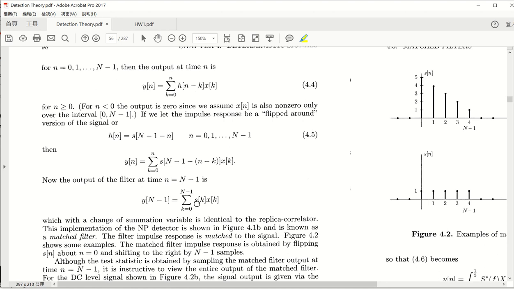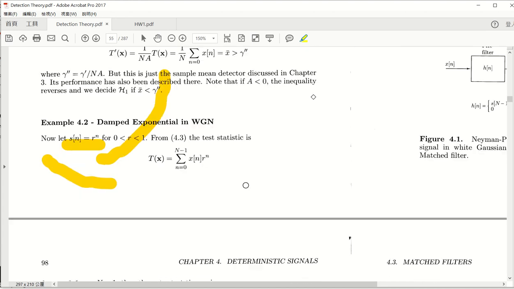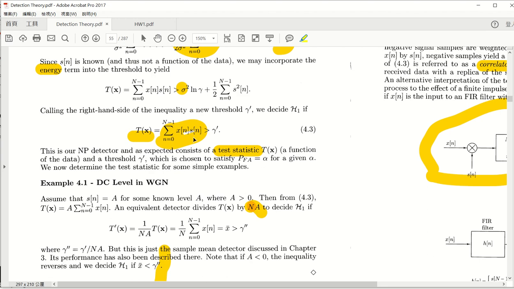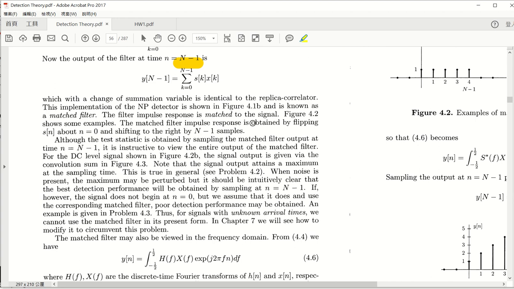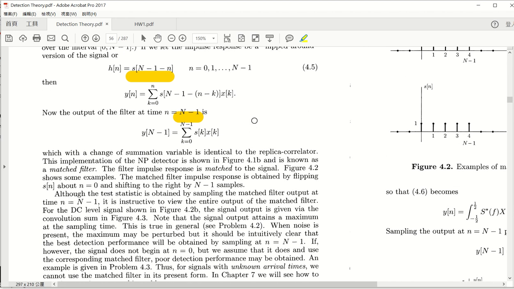Here we are talking about the output of the convolution and then set it this way and then look at it at n minus 1 and we get exactly this, which is exactly the same as 4.3. Okay, so now we have successfully derived the output, and then we also sort of prove what happens at the output at time equal to n minus 1.